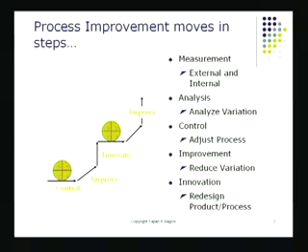Any problem solving procedure generally moves along these paths there. And the same thing I have for process improvement. I have measurement, then I have analysis, then I have control, then I've got the improvement done, and then of course innovation. You need innovation, otherwise you'd be stuck wherever you are.